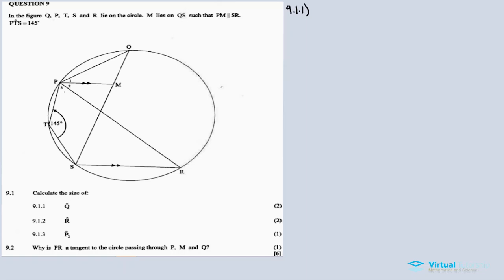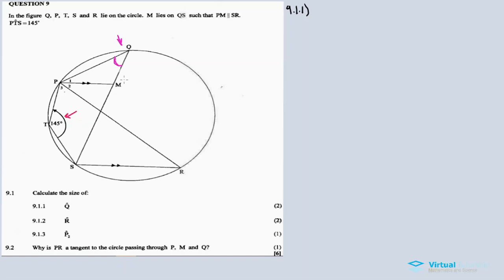In our case, we have to calculate angle Q, but I'm given an angle of 145 degrees. So you need to check the relationship, or look for a theorem that connects Q and the given angle.